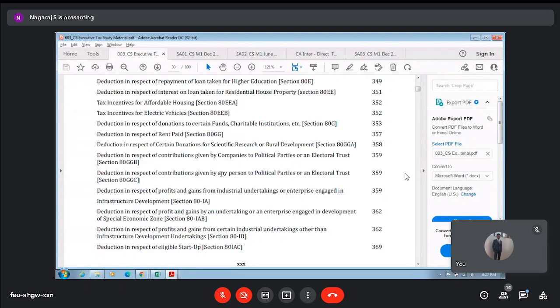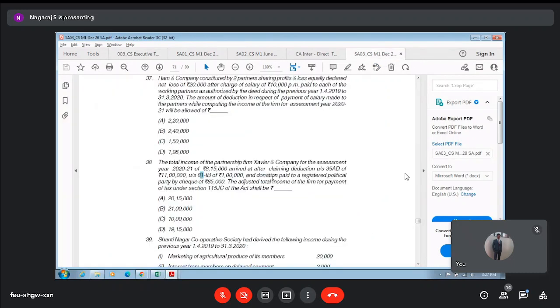Deduction in respect of contribution given by any person to political parties or electoral trust. In this, what have they given? Donation paid to a registered political party by cheque, 85,000. This is payment. Whatever they have told in AMT, if you have seen AMT, they have told income-based deductions.